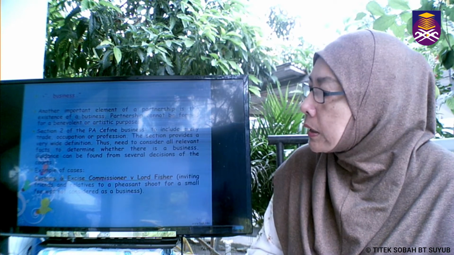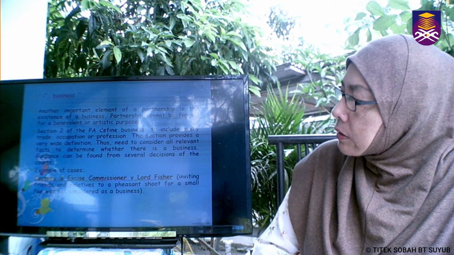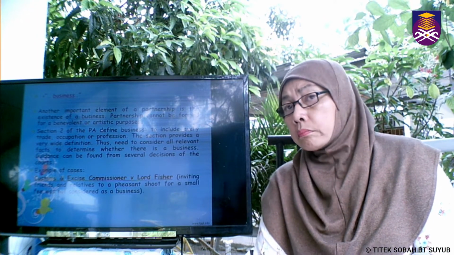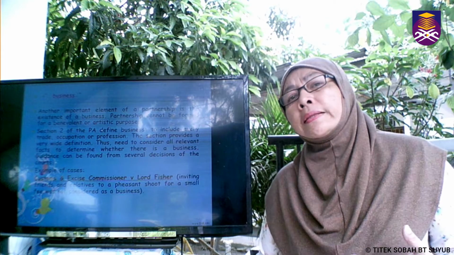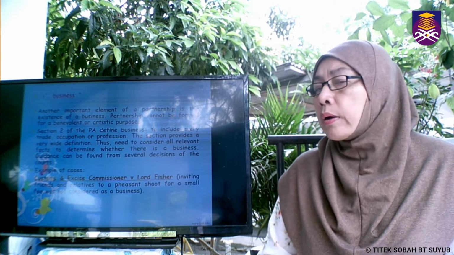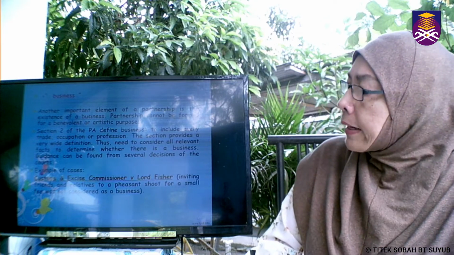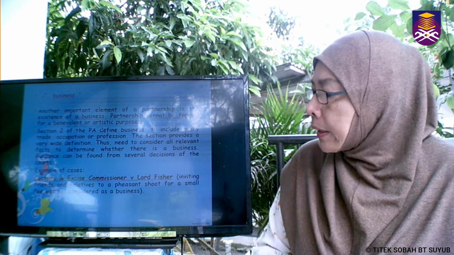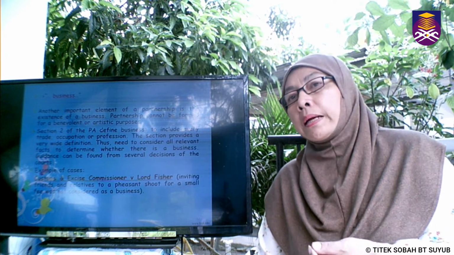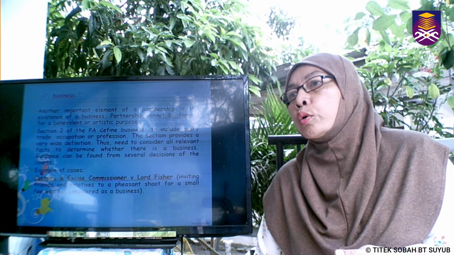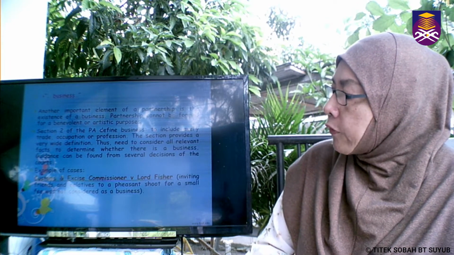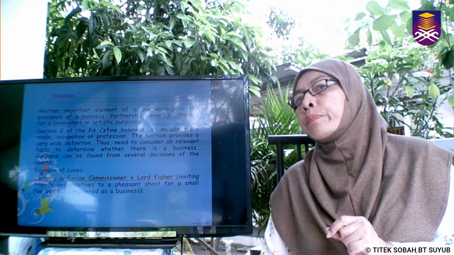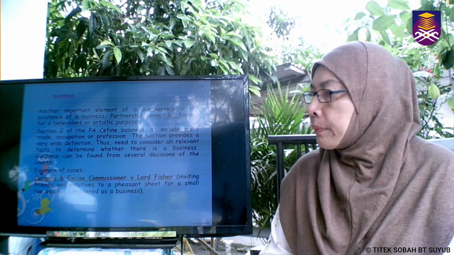So let us have a look at the case of Customs and Excise Commissioners versus Lord Fisher. In this case, this guy invited all his friends to his place during summer, and he charged them a certain amount of money because they were going to conduct a bird shoot.